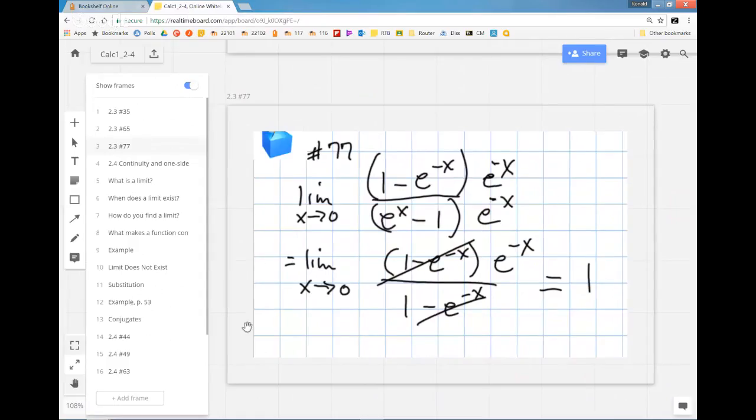And the maneuver, not super obvious, is to multiply top and bottom by e to the x. And when you multiply the top by e to the x, you get e to the x minus, and then what is, I'm sorry, you don't multiply out the top, you multiply out the bottom. What's e to the x times e to the -x? Keep the base and add the exponents.